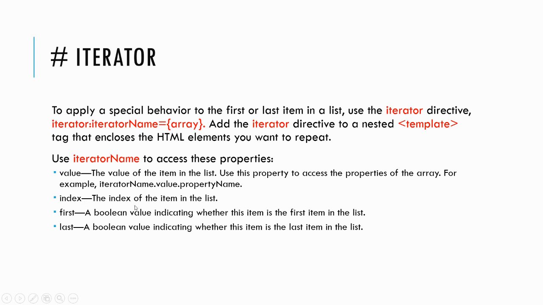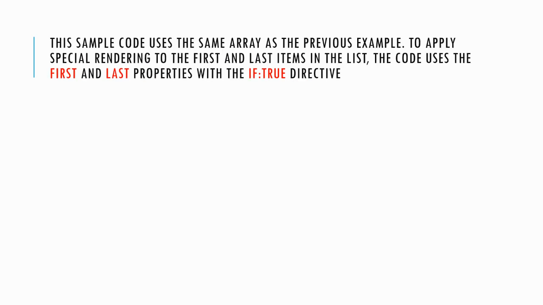Then we have index, with the help of which we can find the current index in the list. Then we have first and last, with the help of which we can find the first or last value, and it will return true or false, whether this is the first value or not, or the last value or not. Based on that you can perform special operations or any additional logic with these four properties.